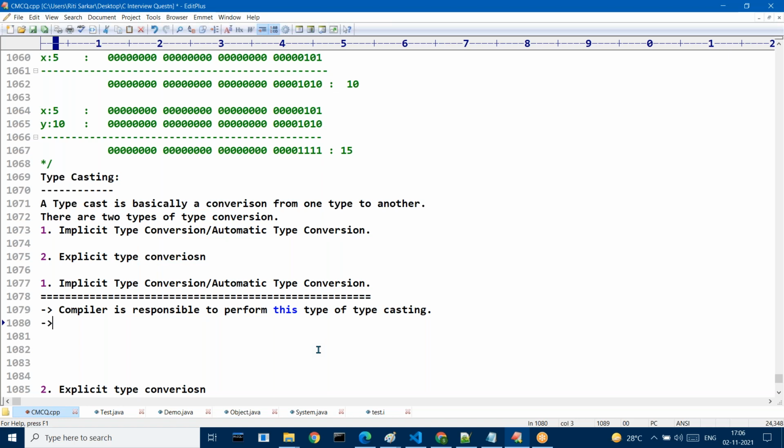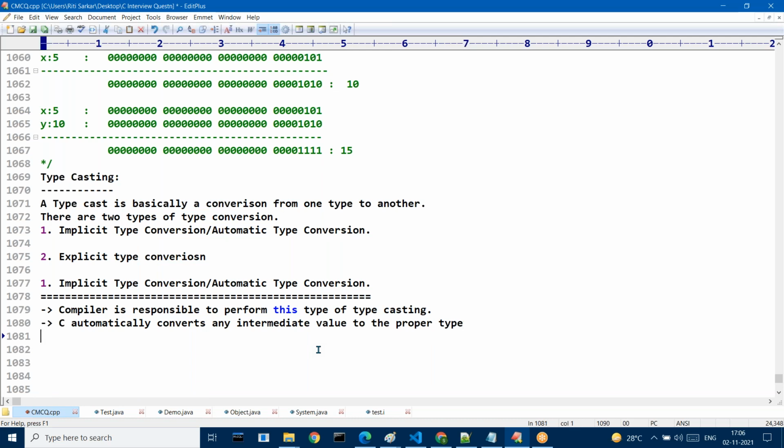In the C programming language, C automatically converts any intermediate value to the proper type. What does it mean?